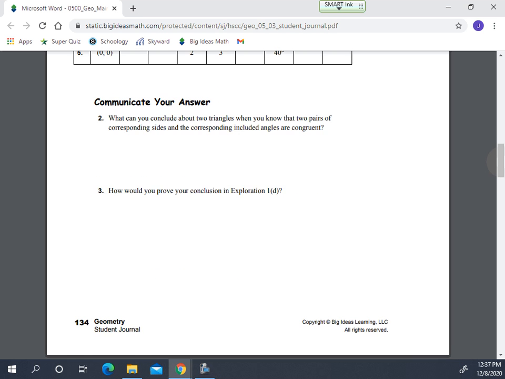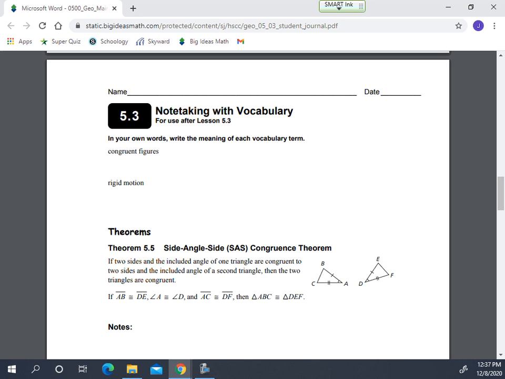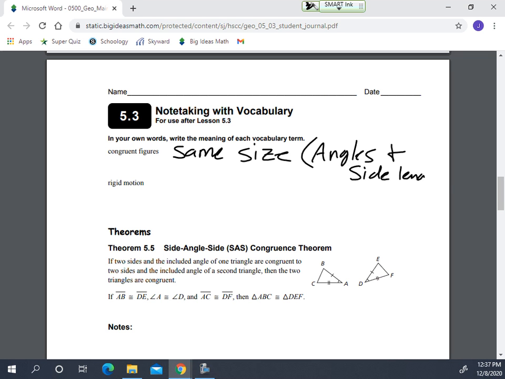Question 3, again, that's with the exploration. I'm not going to do that. Move on to notes here. Congruent figures are the same size, same shape. Angles and side lengths have to be the same. They have to equal each other. They can't change shape.